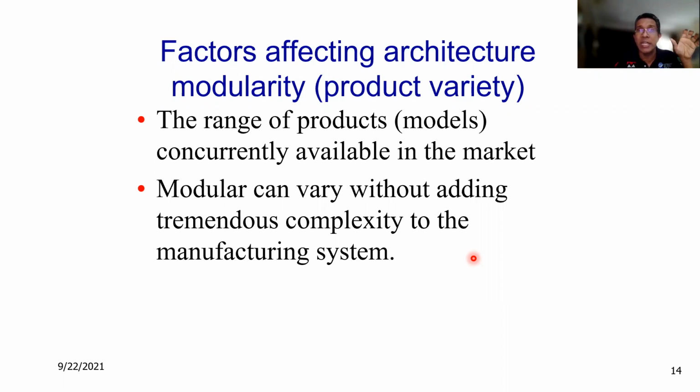So normally, as you learn in the product cycle, during the introduction stage they introduce just one model, one model only. The user keeps using it and gives feedback, and then they go for the growth level of the product cycle.